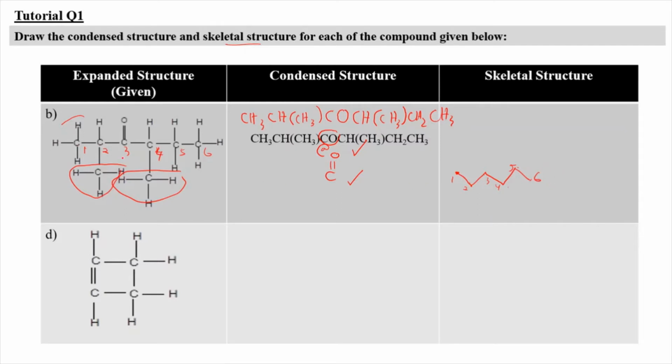At carbon number 2, the CH3 is shown, so we make another branch which refers to a carbon with CH3. At carbon number 4, we have another branch, another carbon with 3 hydrogens. And at carbon number 3, we have a double bond to O. This is our skeletal structure, where the hydrogens are not shown.